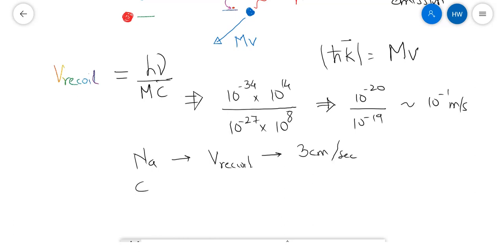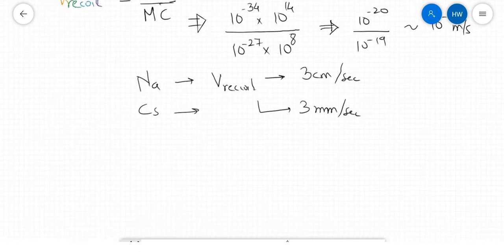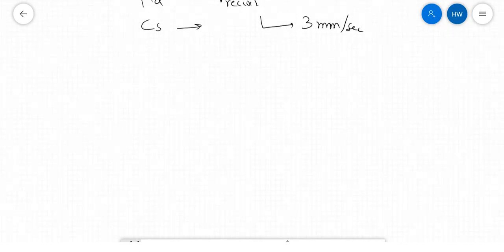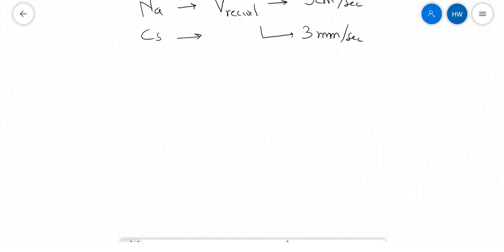Whereas for cesium atoms, these are, by the way, the alkali atoms in group 1, remember we look at hydrogenic systems to make our life simpler, the v recoil gives you about 3 millimeters per second. So it is substantial. We are looking at a single photon resulting in such a recoil velocity. Now one is asking whether this is good enough to actually cool.